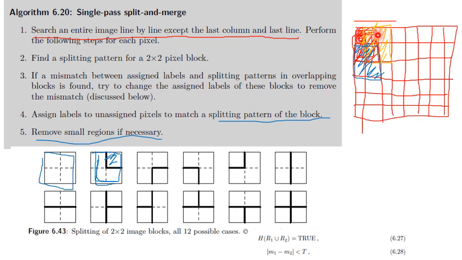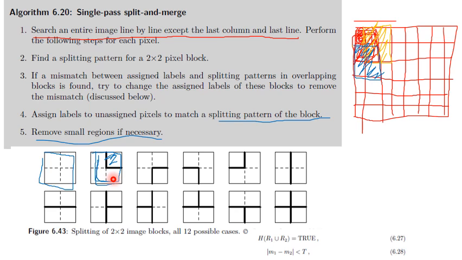Then I need to assign a new pixel or unmerge, or maybe I have assigned this as label 1 and label 2. When I do this on the next 2 cross 2 block, this and the next could also have something common. So I can assign that also as 2, and this could be a new region which is not having the same match, okay.